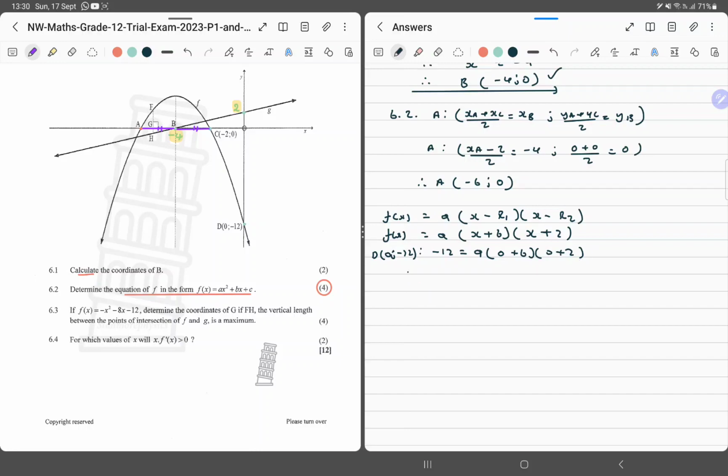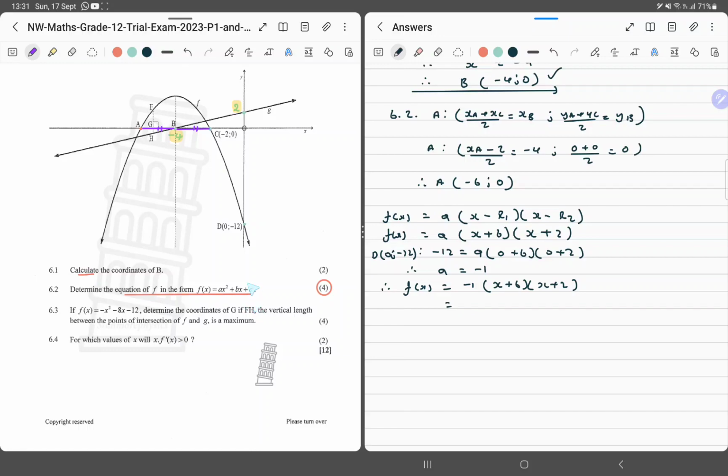And then we want to solve for A here. I'm just not going to prolong this. So this is 12. So 12 divided by, it's going to be minus 1. And it makes sense because that's a grumpy face parabola, right? So it means a must be a negative number. So we can say, therefore, f of x is going to be equal to minus 1 into x plus 6 into x plus 2.